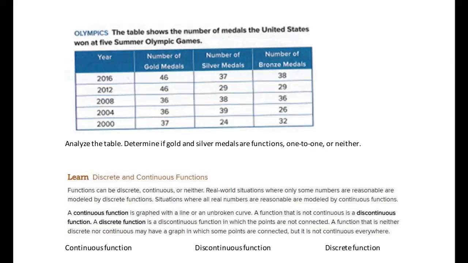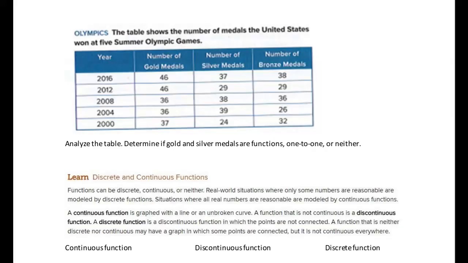What do you think my x value is going to be here? What is my domain? Take a guess. Is it the year? Is it the number of gold medals, number of silver, or number of bronze? It's the year.